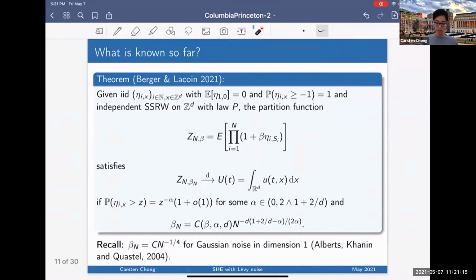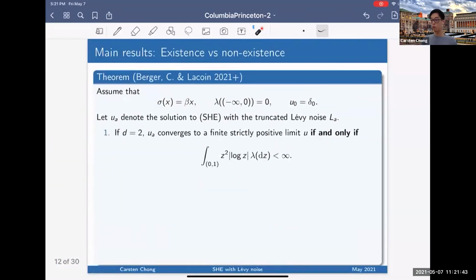And this is basically a Lévy version, or an alpha stable version, of a well-known result by Alberts, Khanin, and Quastel from 2004, where they did the same program basically for Gaussian noise in dimension 1, where the scaling was n to the -1/4. So if you take alpha to be 2 and d to be 1, that's exactly the 1/4 here, okay? So that is what is known until now. So now let me describe the results that we have.